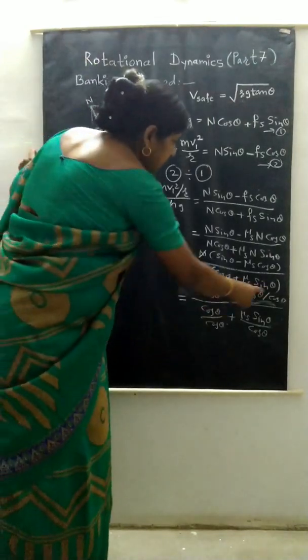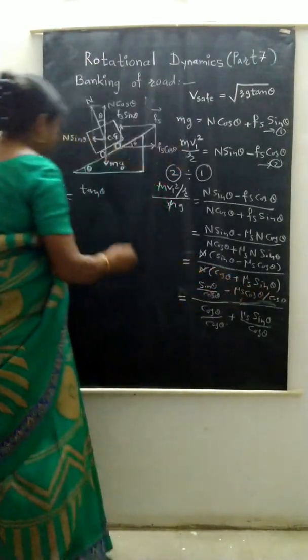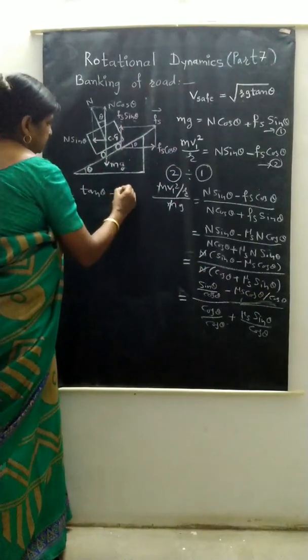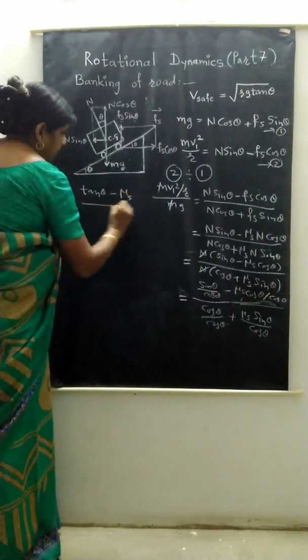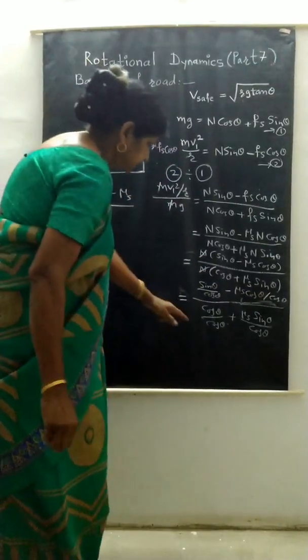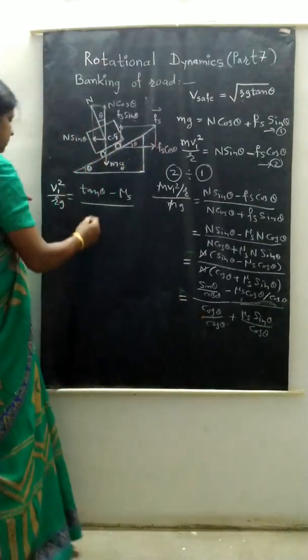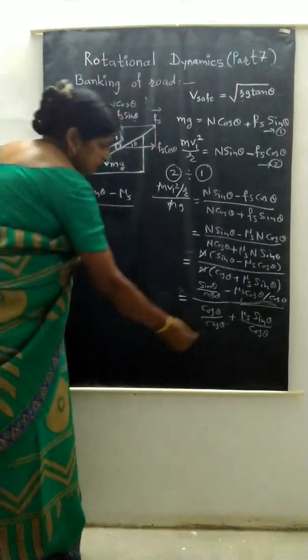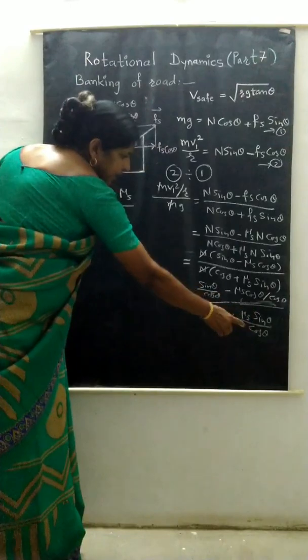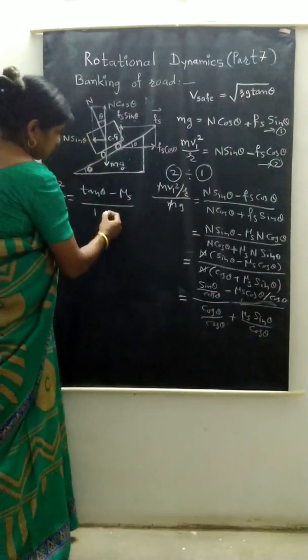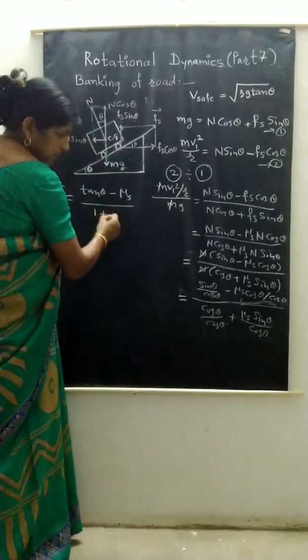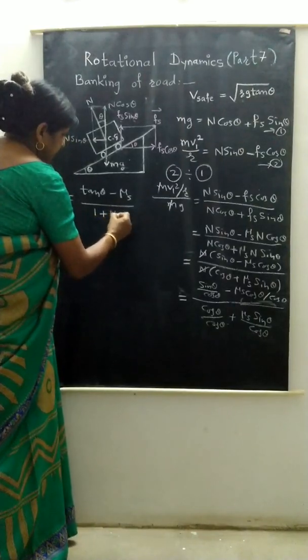Then, cos theta cancels, giving us minus mu s, divided by cos theta upon cos theta, which is 1. Sin theta upon cos theta is tan theta. So, 1 plus mu s tan theta.